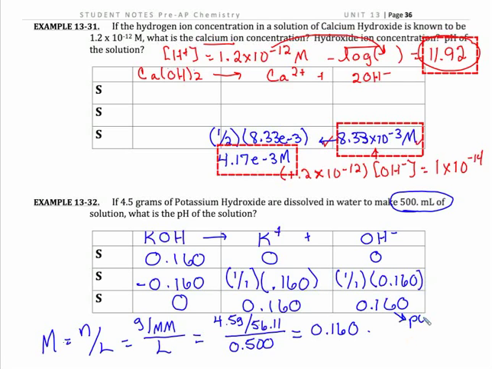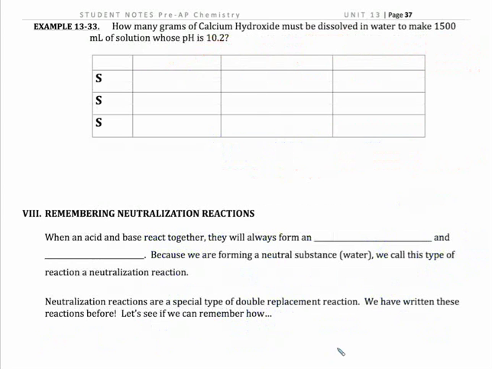So you can go from OH to POH and then to pH if you want, or that alternative route. Either way you go, you should get a pH equal to 13.20. Remember, pH is unitless. It's one of the few numbers we'll see without units.